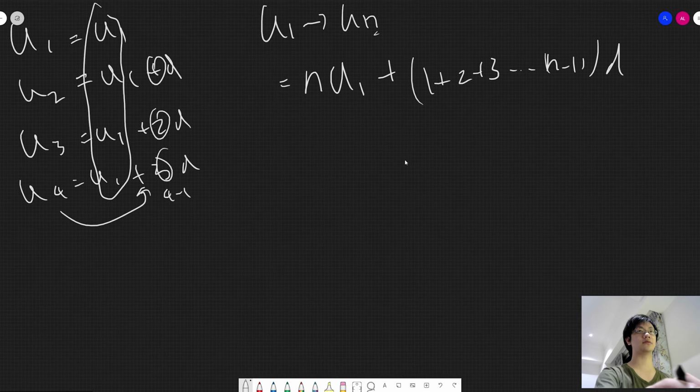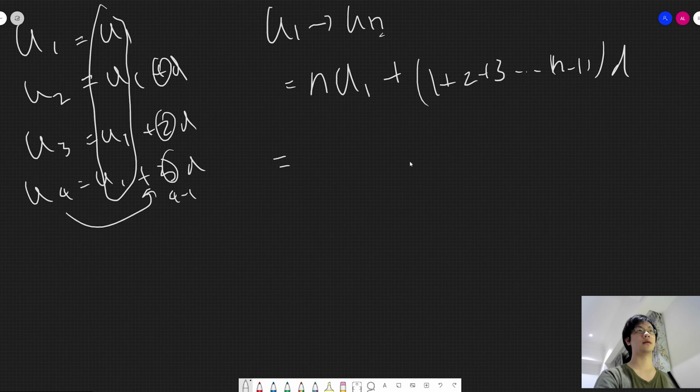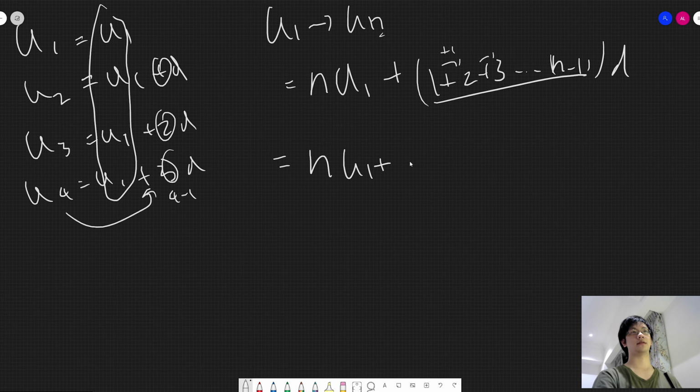Okay, this will get reduced to that. So n u1 plus, and then this is another arithmetic sequence inside it, right? So you have plus 1, that's your common difference, and your initial term is 1. Your last term is n minus 1.